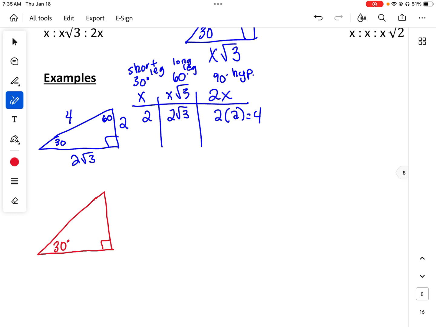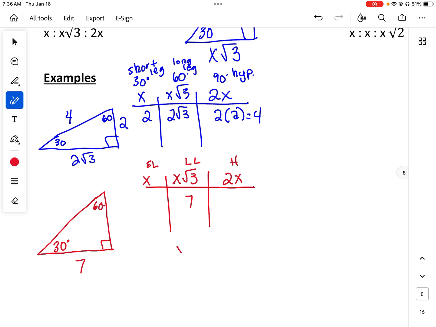Let's say that we're given the long leg 7. I'm going to do the same little table to help me find the rest of them. So x, x square root of 3, and then 2x. Short leg, long leg, and hypotenuse. I'm going to abbreviate this time. This is our long leg because it's across from the 60. So this is 7.